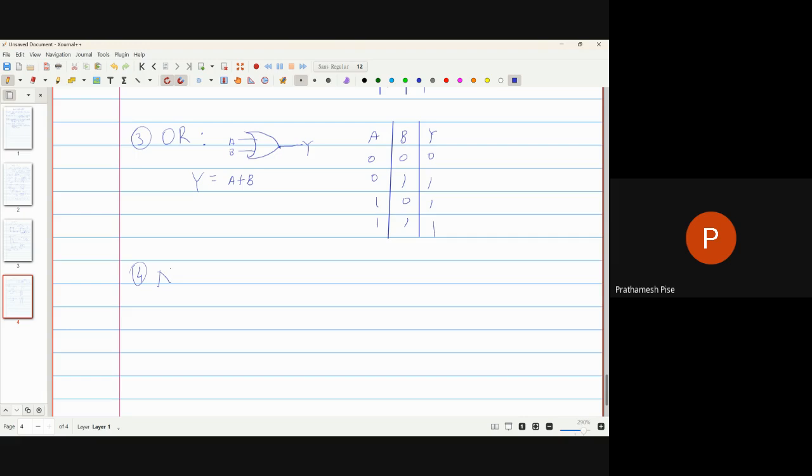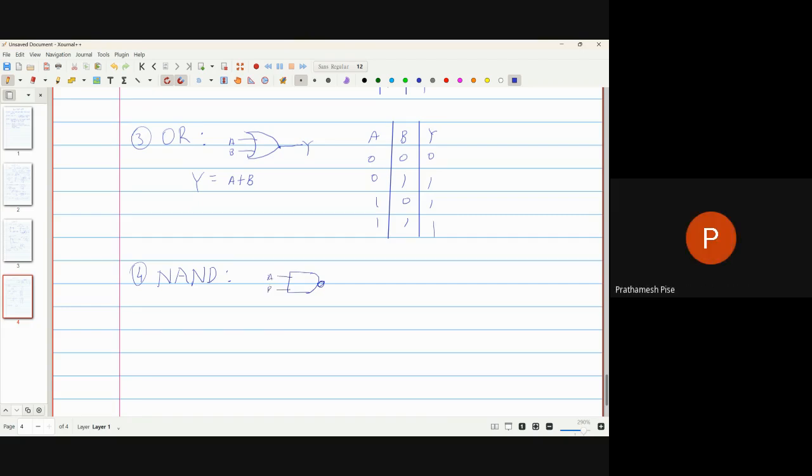So the NAND gate. What is a NAND gate? It's a combination of an AND gate and a NOT gate, an AND gate with a complemented output.